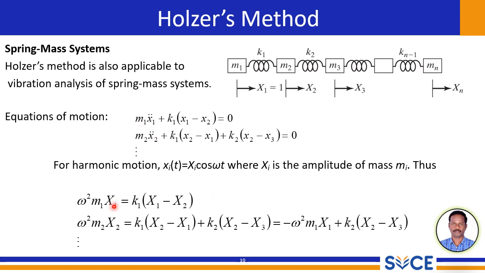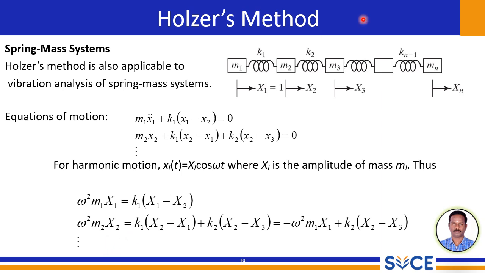So that one we are substituting here. We get x1 double dot, that is acceleration value, as minus omega square x1 into m1 equal to k1 (x1 minus x2). In a similar way, instead of x2 acceleration, we substitute omega square of x2.